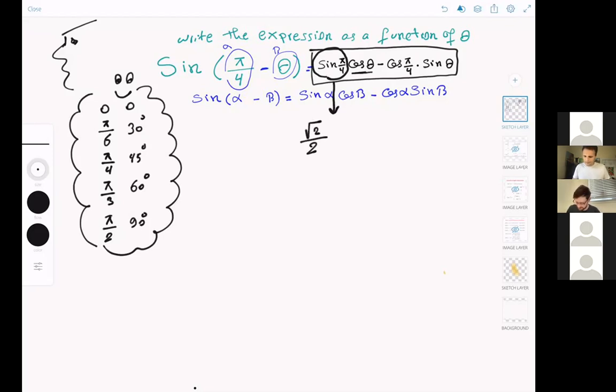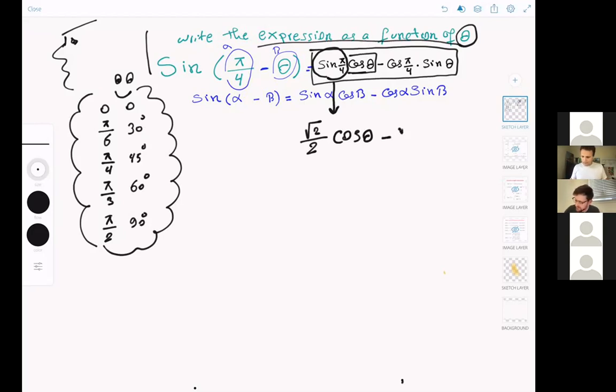Cosine of theta, we cannot do anything. We don't have any information to solve for cosine of theta. I want you to differentiate it from the other question that we solved on Friday, where you needed to look for cosine or sine of theta. The topic here is write the expression as a function of theta, so we need to have theta inside our solutions.